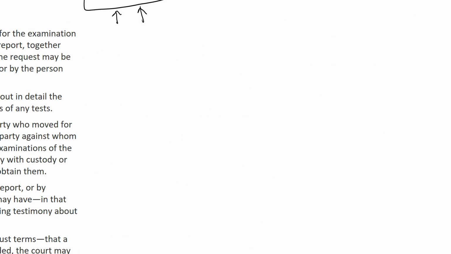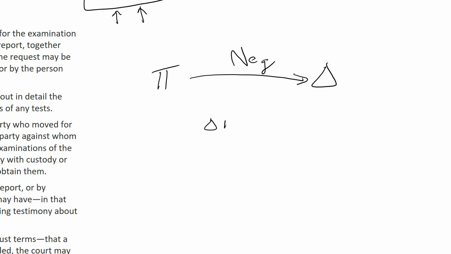So here's an example of where there might be a dispute. Plaintiff sues a defendant for negligence in a car accident, right? Defendant's answer says plaintiff was contributorily negligent due to bad vision, right? So D's saying that plaintiff has bad vision, and plaintiff's bad vision meant that plaintiff was driving when plaintiff ought not to have been driving, and that constitutes contributory negligence by the plaintiff.